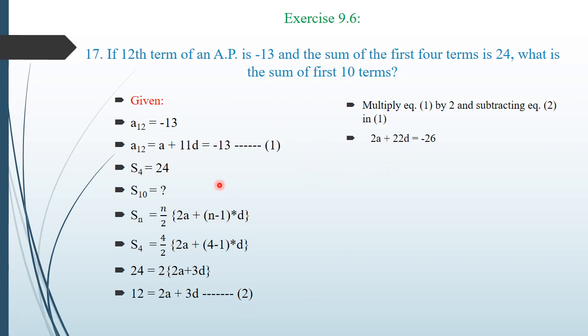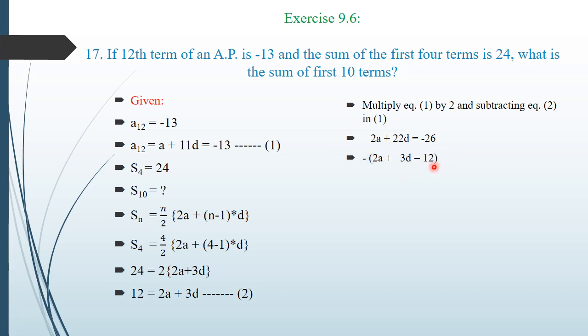By doing this operation, equation 1 will be represented as 2a plus 22d equal to minus 26 here, because I have multiplied this entire equation throughout by 2. Now subtracting equation 2 from this one will be nothing but minus (2a plus 3d) equal to 12.